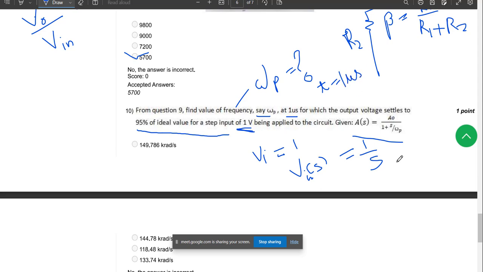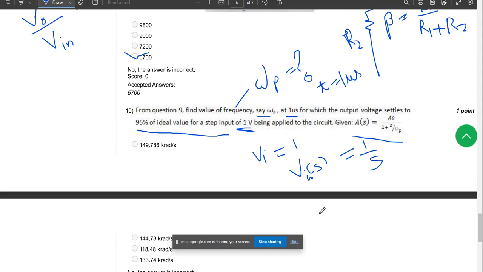What you have to do is first find the Laplace transform. You have the value of closed loop gain, the value of open loop gain, and the value of the input. Now try to find the output voltage, which will be in S terms, in the frequency domain.